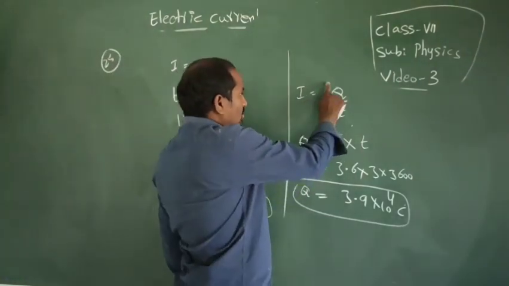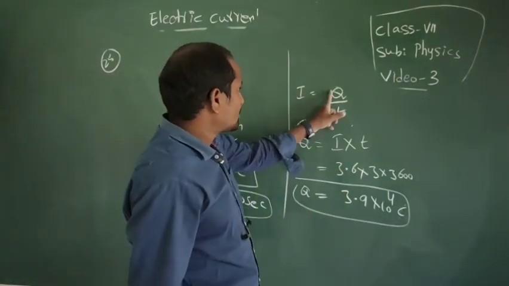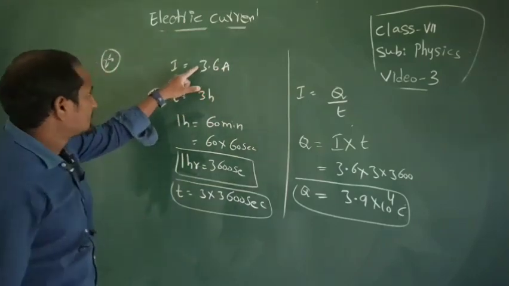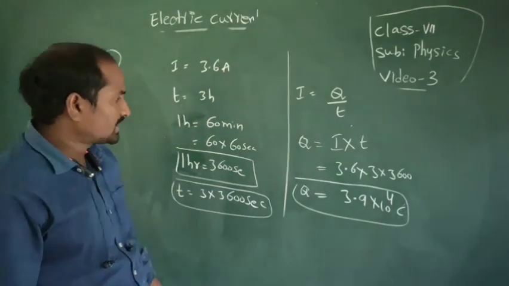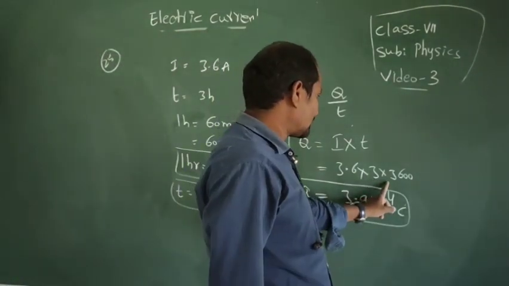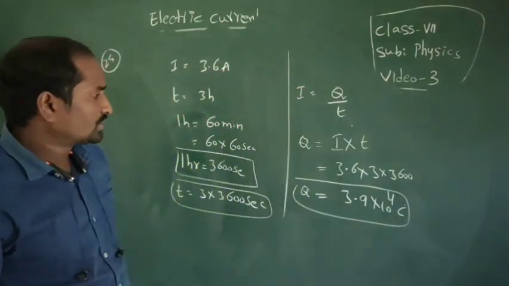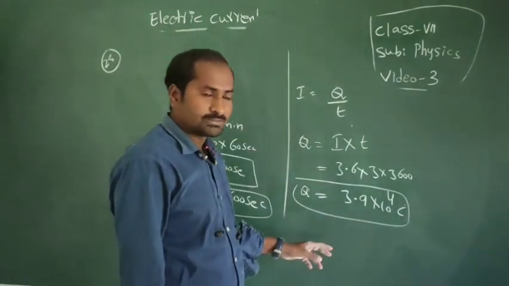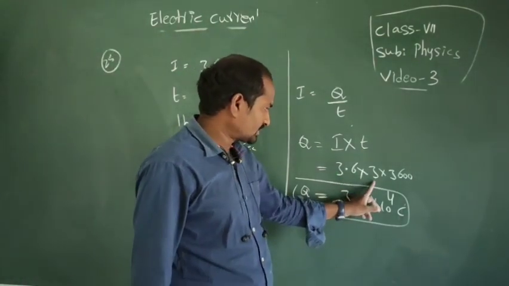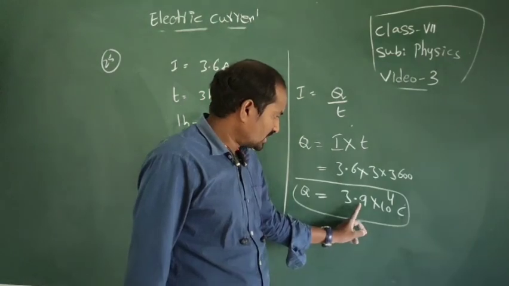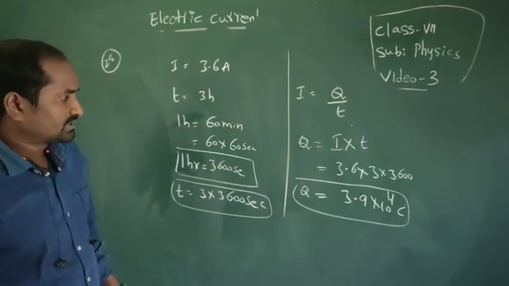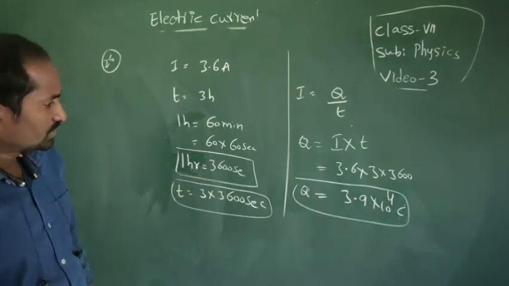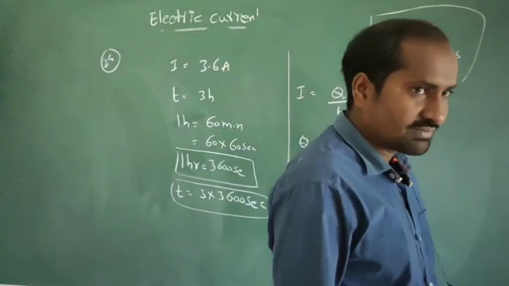Here I equal to Q by T, so Q equal to I into T. Q equals 3.6 into 3 into 3600, that equal to 3.9 into 10 power 4 coulombs. It is the Q value.